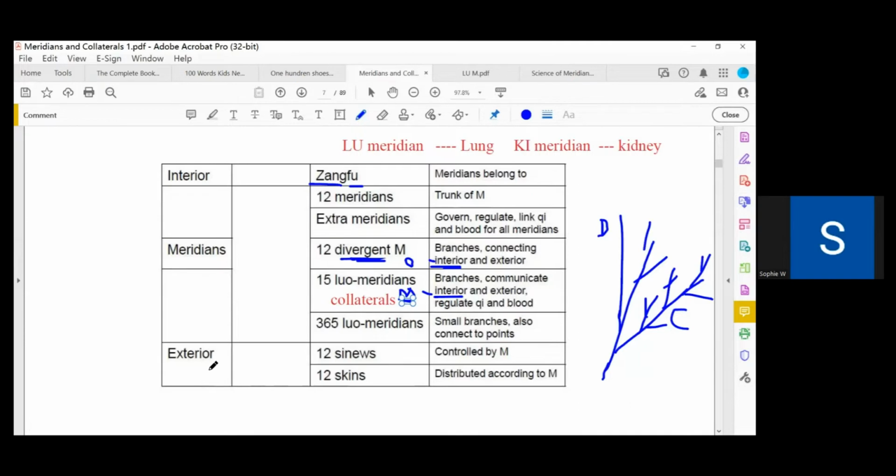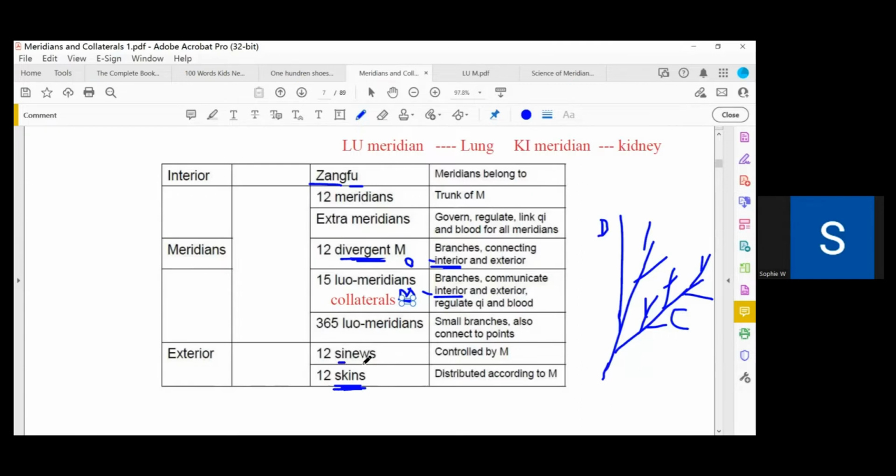For exterior, we have 12 sinews and 12 skins. Yeah, skin level, cutaneous. Skin level is the most superficial ones.